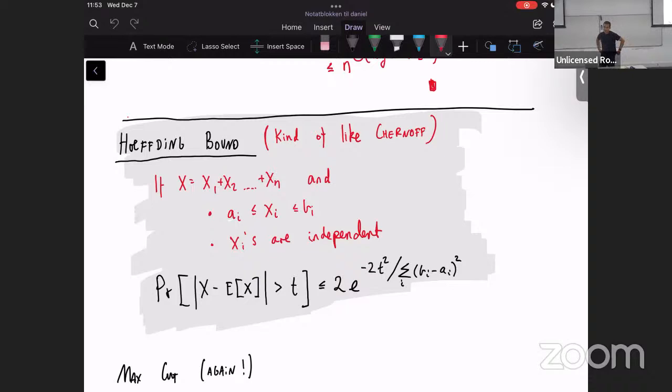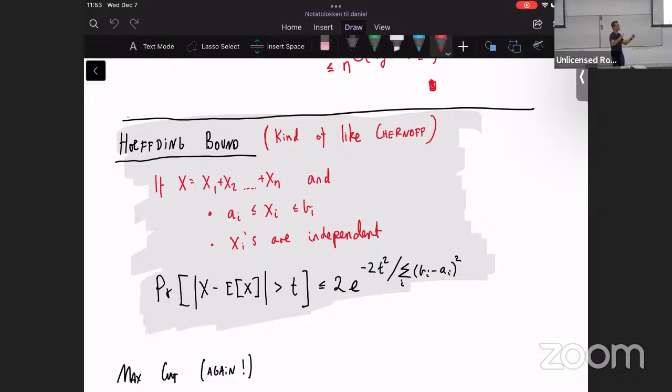So if x is a random variable which is the sum of independent random variables x1 through xn, such that each xi has an upper bound and a lower bound, xi is between ai and bi. Think of bi minus ai as being some tiny constant, like 1. Then this essentially reverts back to Chernoff bounds.